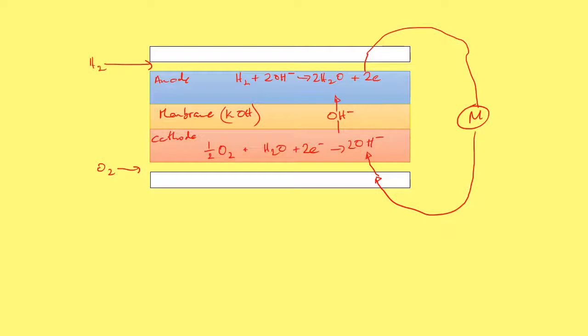And these are our hydroxide ions that end up replacing the hydroxide ions that were from potassium hydroxide in the membrane.